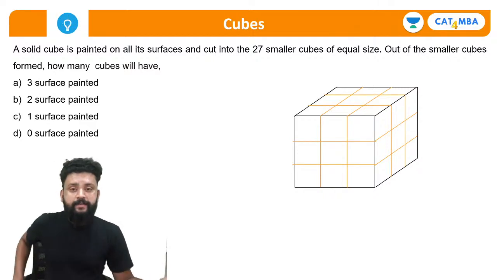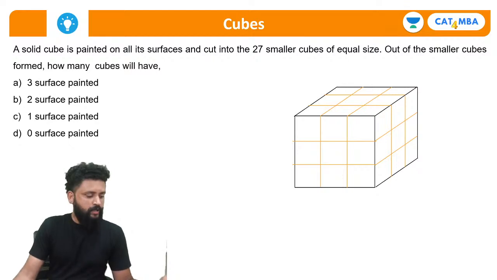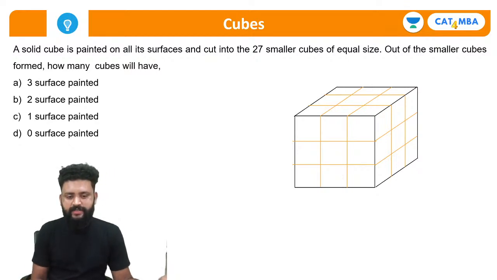Quickly, let's build up the basics related to cube cutting. Here's one question. A solid cube is painted on all its surfaces and cut into 27 smaller cubes of equal size. As this is the first question, I have directly shown you the diagram. Basically, you need to draw this diagram on your own. That's the challenge.